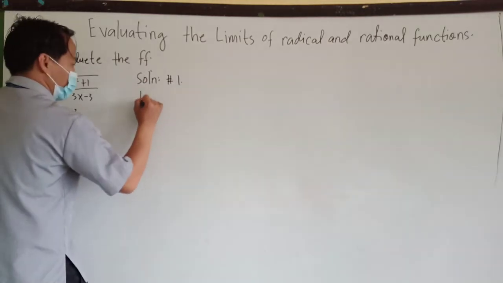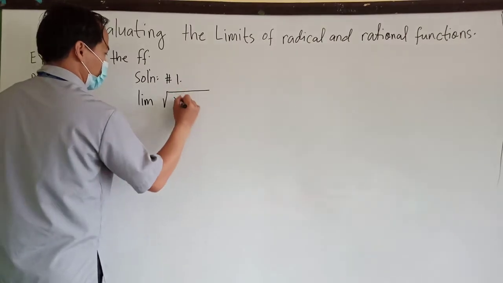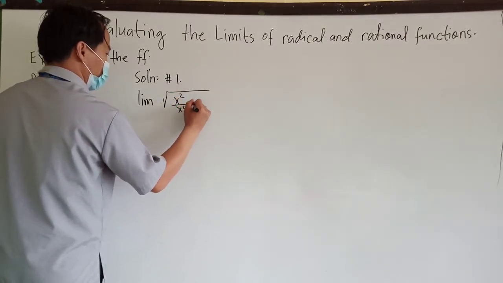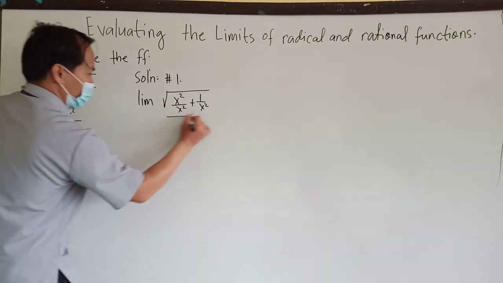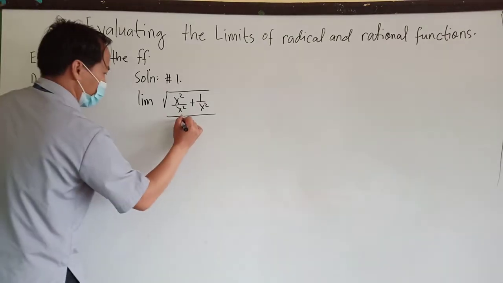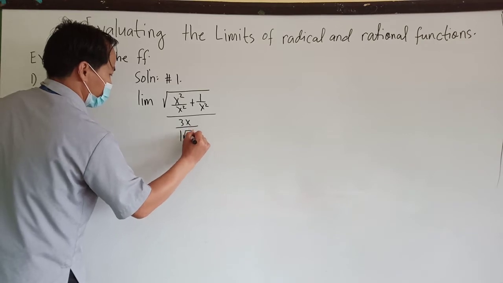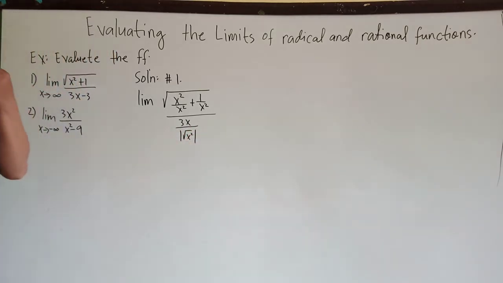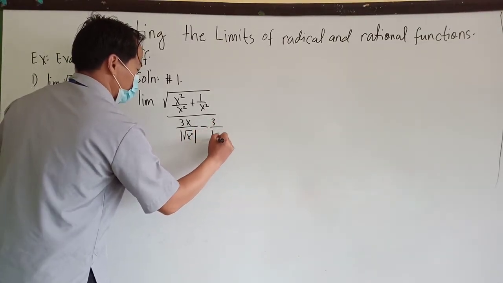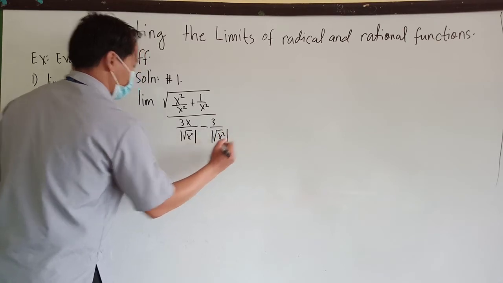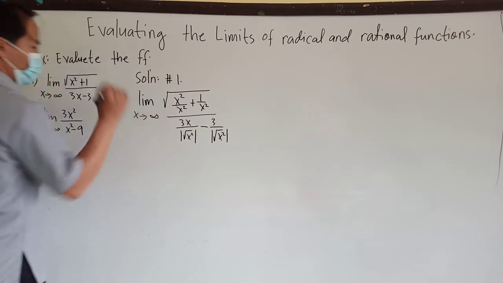So this becomes limit of square root of x squared over x squared plus 1 over x squared, over 3x minus 3, or 3x over the absolute value of the square root of x squared, because we will have only the positive values, minus 3 over the absolute value of the square root of x squared, as x approaches infinity.